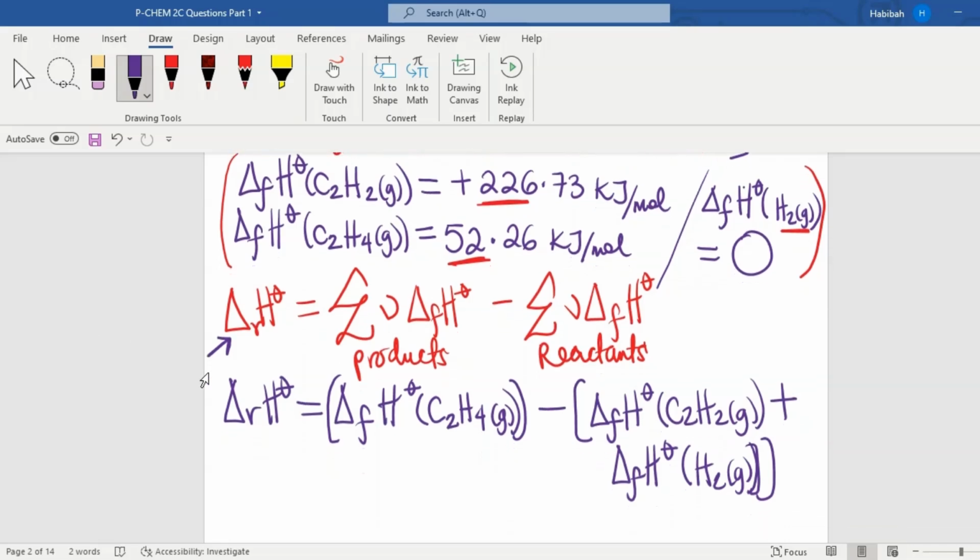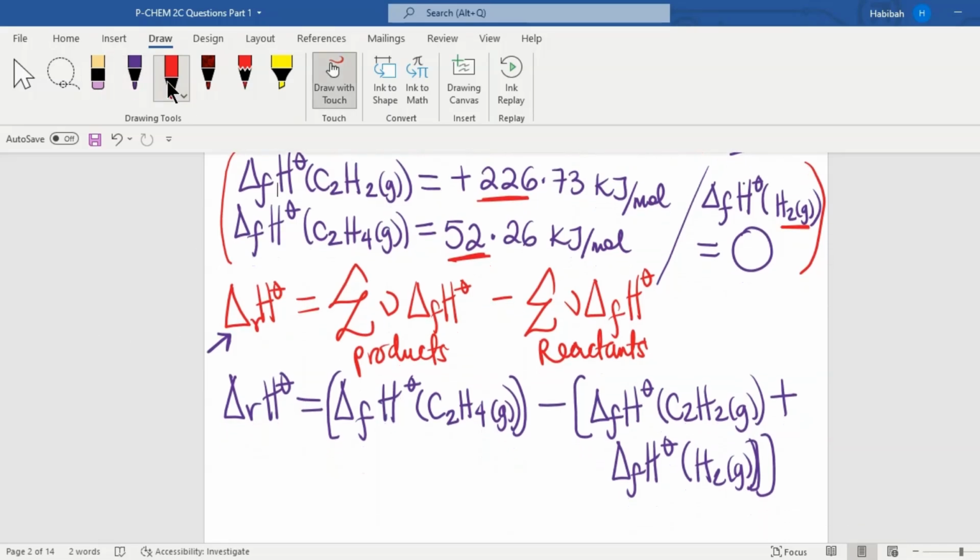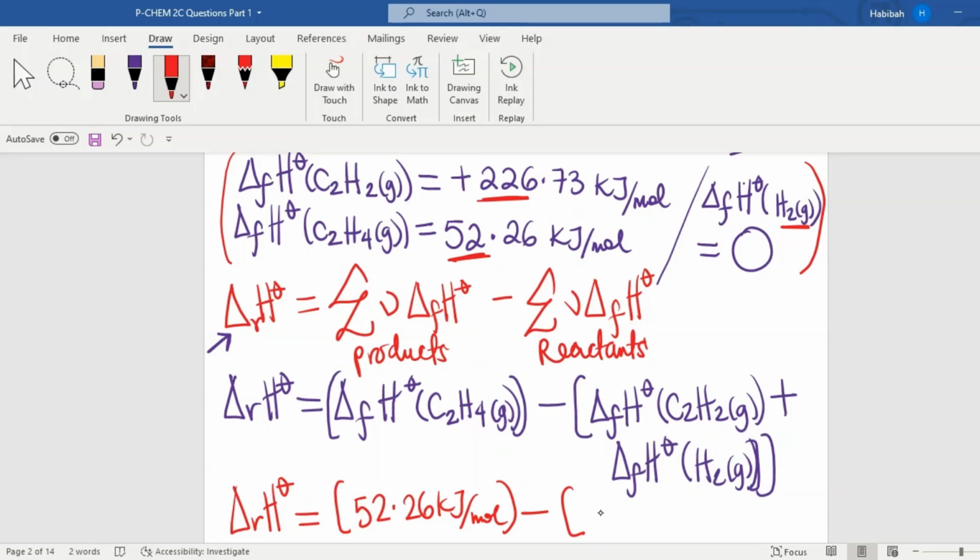So all you have to do now is substitute. The change in enthalpy of reaction is going to equal C2H4, we substitute whatever this is, so 52.26 kilojoule per mole, minus the change in enthalpy of formation for C2H2 gas, 226.73 kilojoule per mole, plus 0.